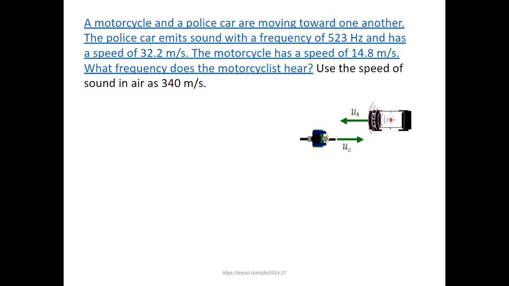Use the speed of sound as 340 in air. So we have a scenario of both moving.